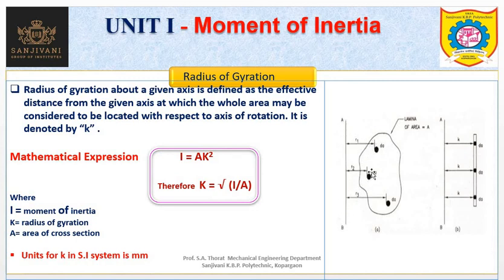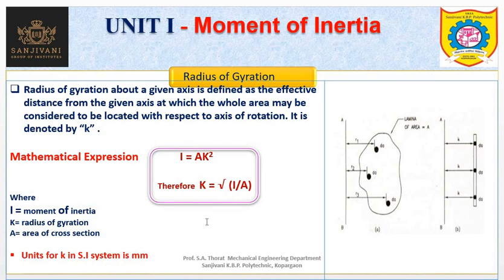We require a distance: this point has distance r2, this one r1. Which distance do we have to take while calculating the moment of area? For that purpose, we consider the total area to be concentrated like this, and we consider the distance of this concentrated area from the axis of rotation as k, the effective distance, which is called the radius of gyration.